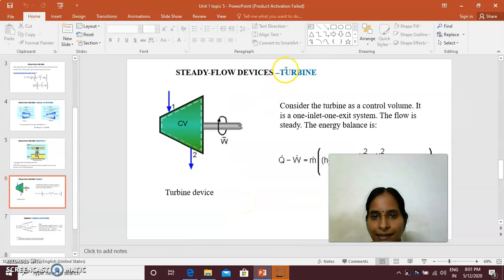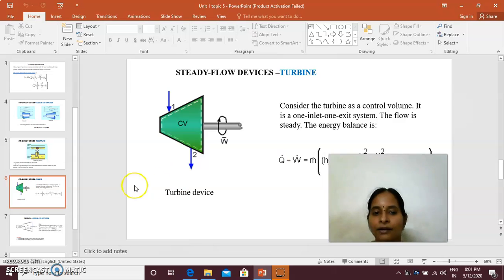Steady flow devices. Now we are going to see turbines. It is a very important device which gives work as output and takes heat as input. We need not take into account the velocity terms, potential energy terms, and kinetic energy terms.